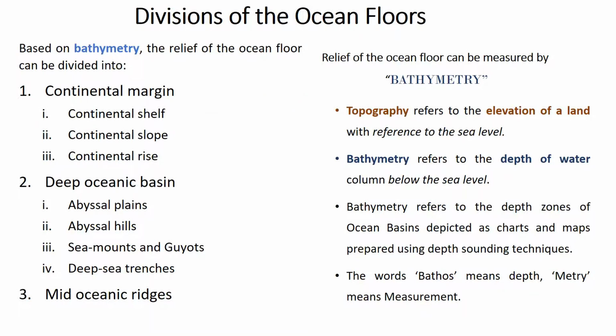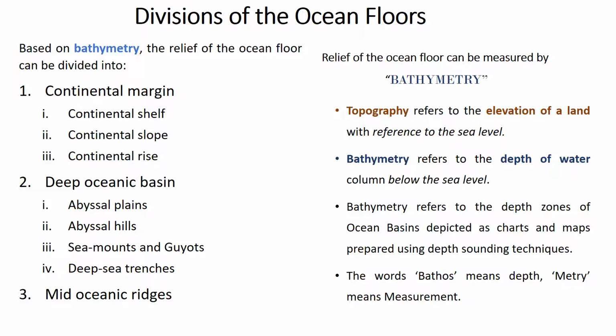Now we have here divisions of the ocean floors. The ocean floor has various relief features and is divided into different parts. To make it easier to remember, we can divide it into different types.